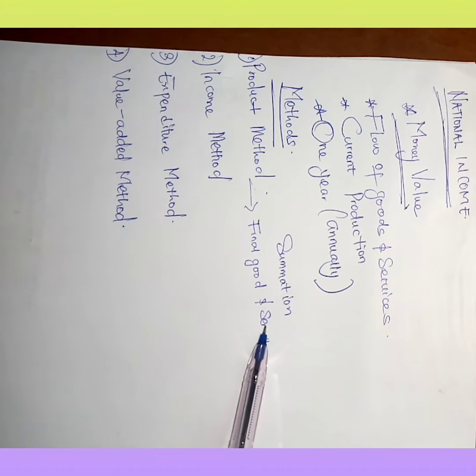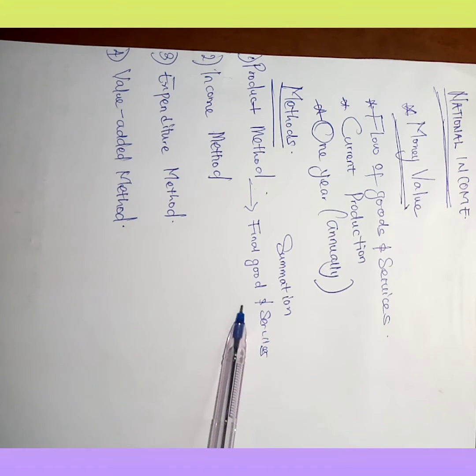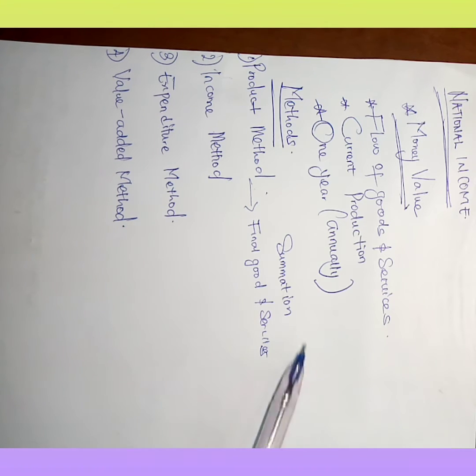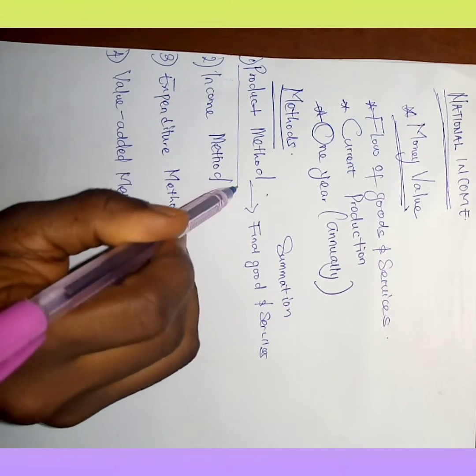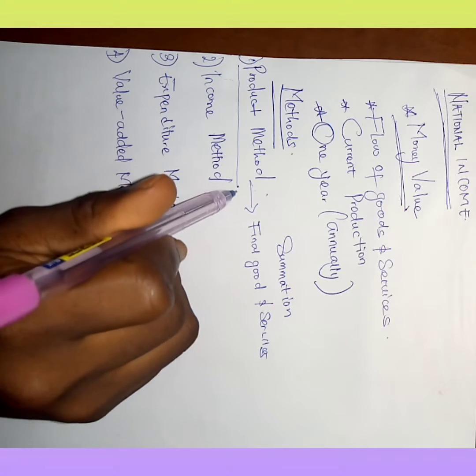That is, what is the value of agriculture that has been gotten from a particular country, the value of construction, the value that a doctor has rendered, the value a lawyer has rendered. Summing all of them up will give us the value of national income by using the product method.